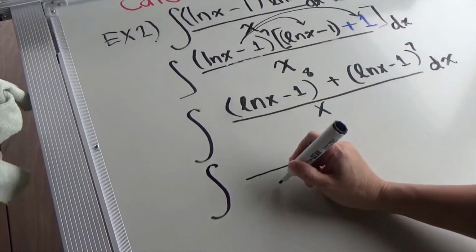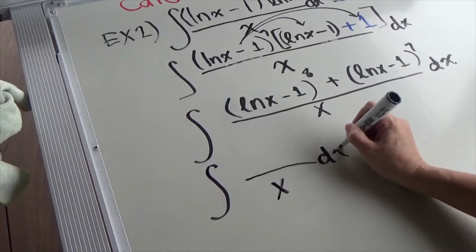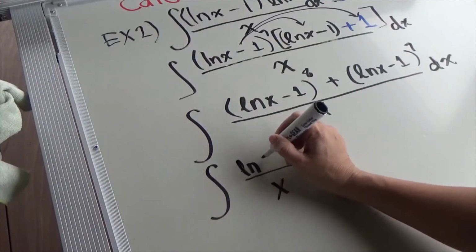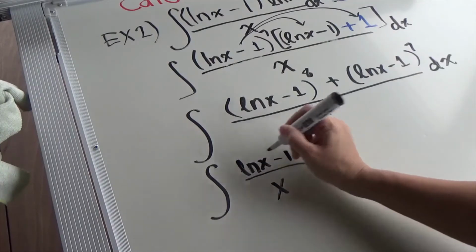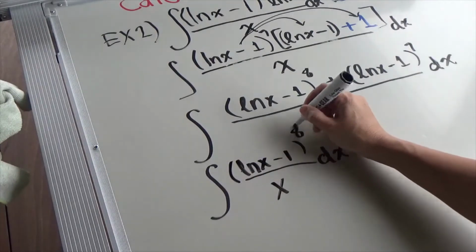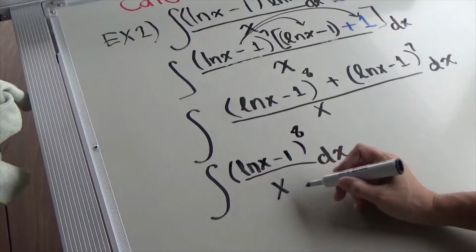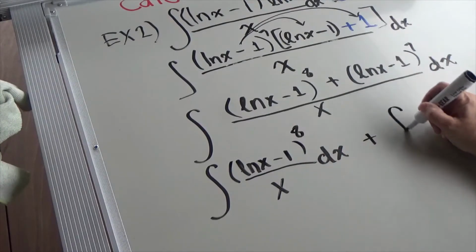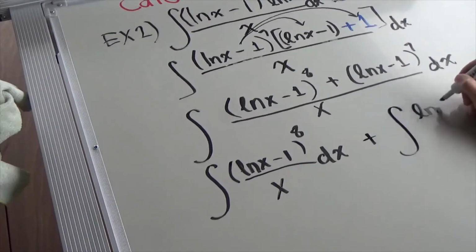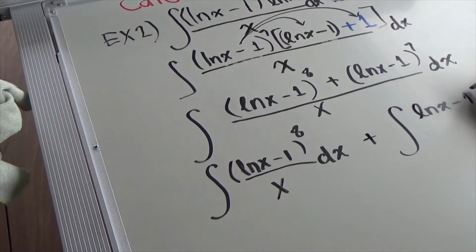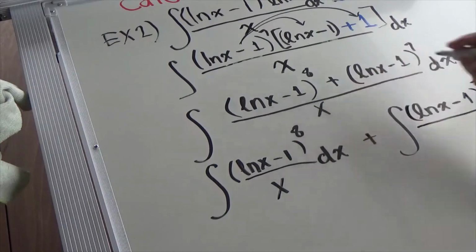So this becomes the integral of ln of x minus 1 to the 8th power over x dx plus the integral of ln of x minus 1 to the 7th power over that common denominator there dx.